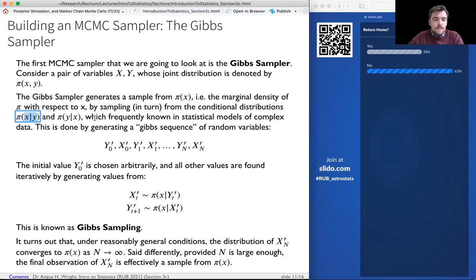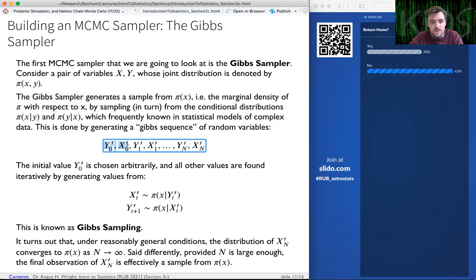Now, we have to know these conditional distributions for the Gibbs sampler to work, and that's a very important condition. But let's keep going for a moment. When you go through this process of simulating from the marginal distribution and then the conditional distributions, this gives us a sequence which is called a Gibbs sequence.